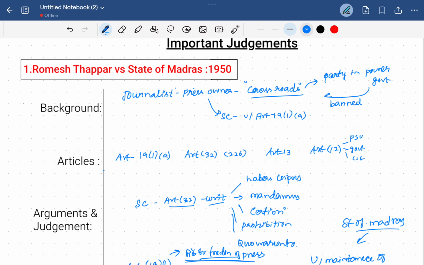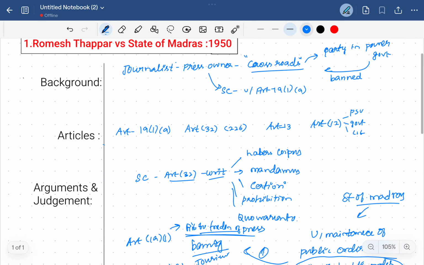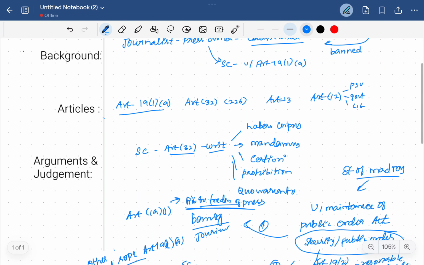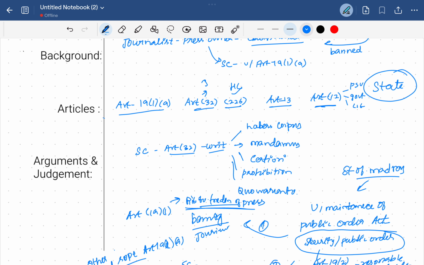And note on the articles: Article 19(1)(a), 32, 226, recall these articles, then 13 for judicial review, then Article 12, what are the organizations or bodies which constitute the word state; judicial review; High Court for writ petition; then Article 32 for Supreme Court; 19(1)(a), freedom of speech and expression.